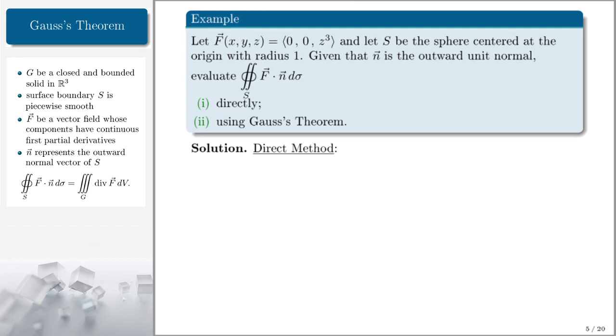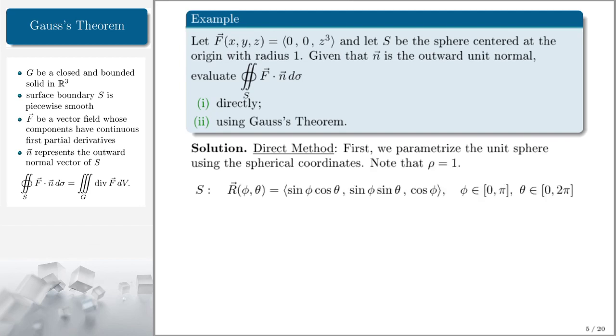So we will be parameterizing this using what we learned in spherical coordinate system. And that is, if we take rho to be equal to 1, the parameterization of the sphere will be given by sine phi cos theta, sine phi sin theta, and cosine phi, which are exactly the coordinates of x, y, and z with rho equal to 1.